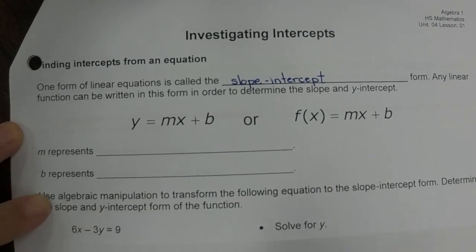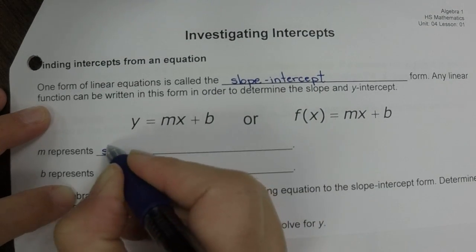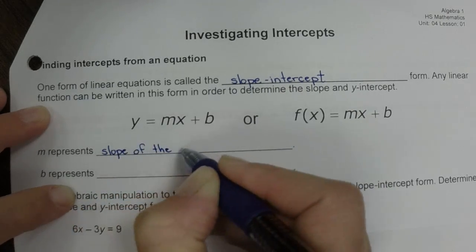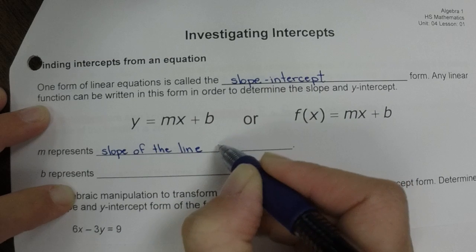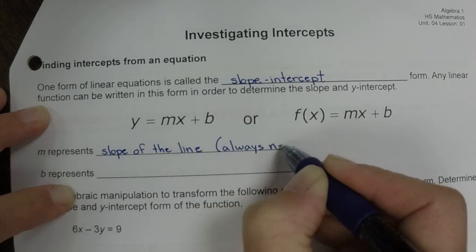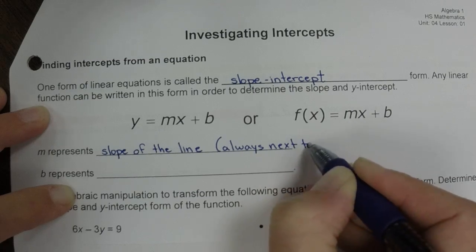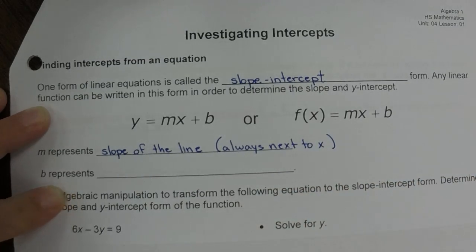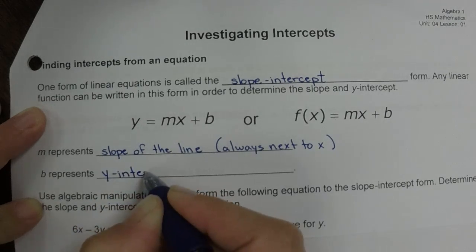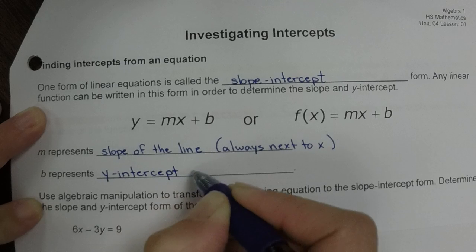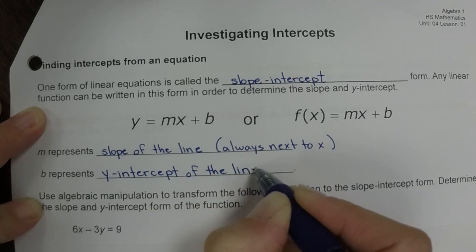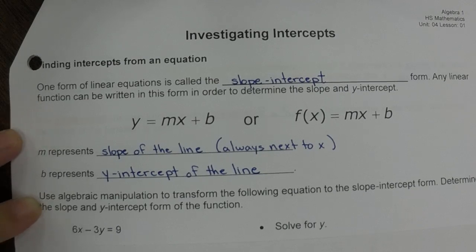We just said that the m always represents the slope of the line, and it's always next to x. And the b represents the y-intercept of the graph, meaning that it's always that point that's on the y-axis.